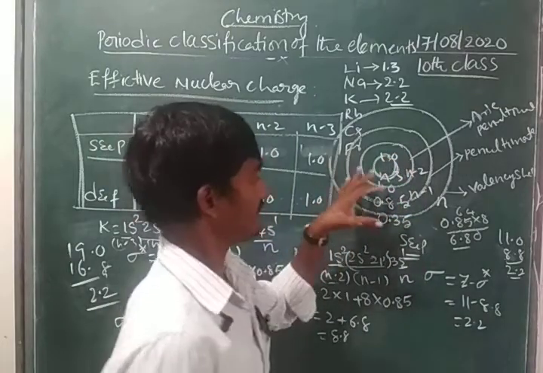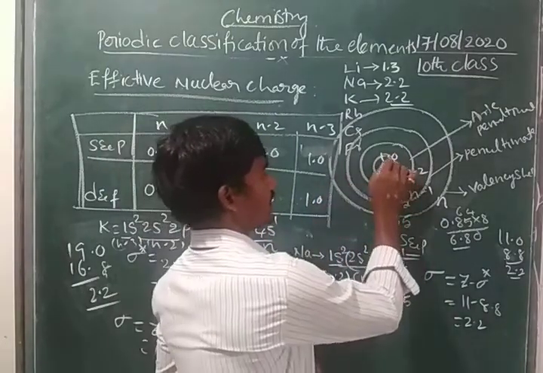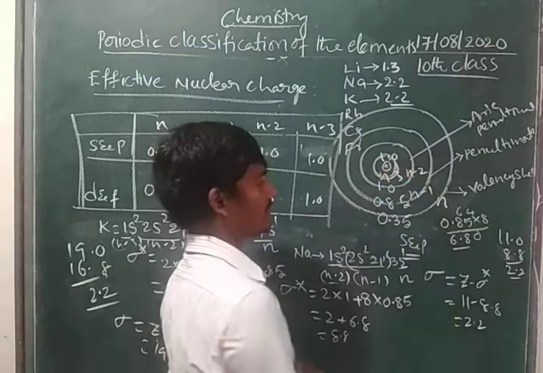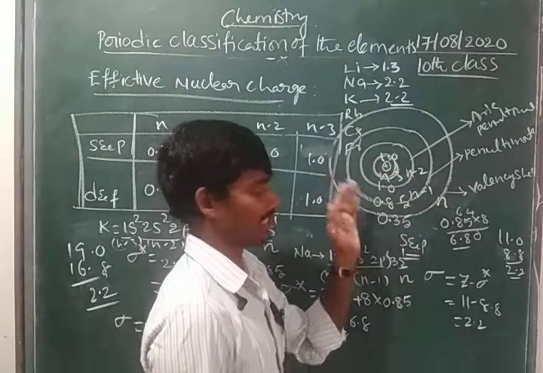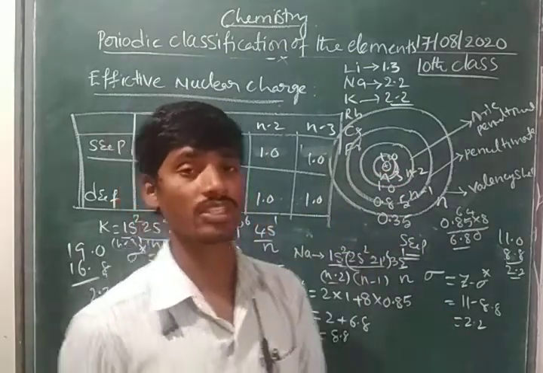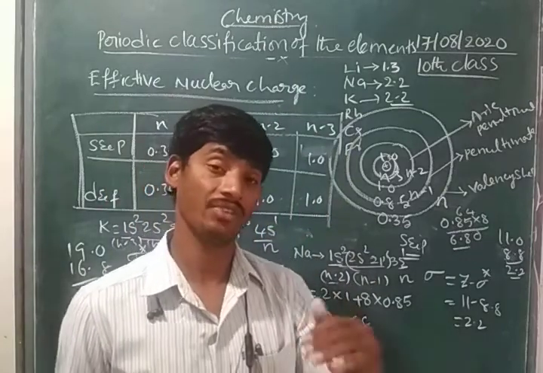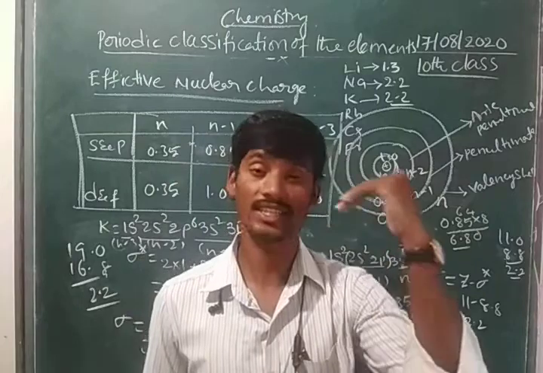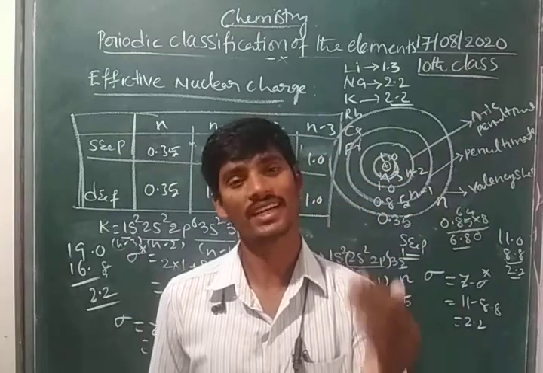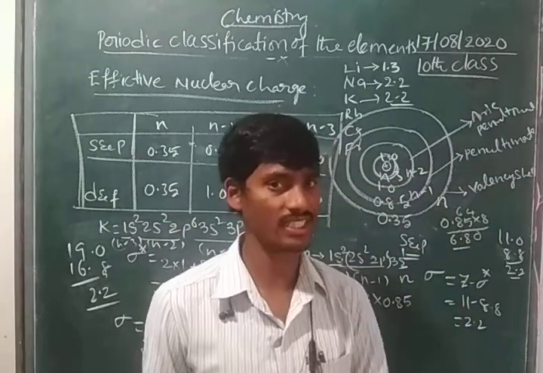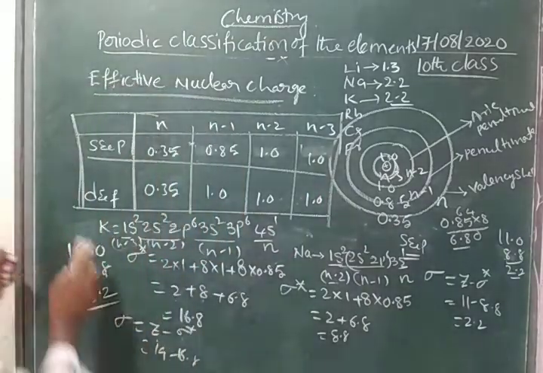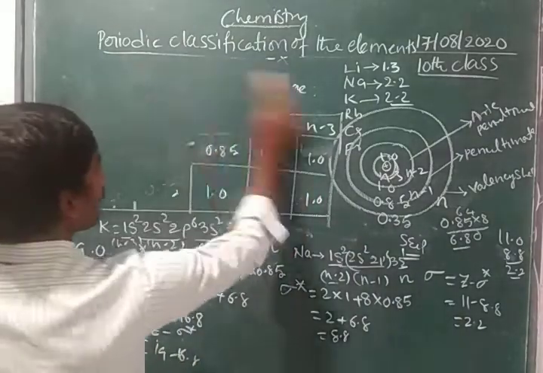From the nucleus to the valency electron, if the number of inner electrons increases, the screening effect increases. If the screening effect increases, the effective nuclear charge decreases.